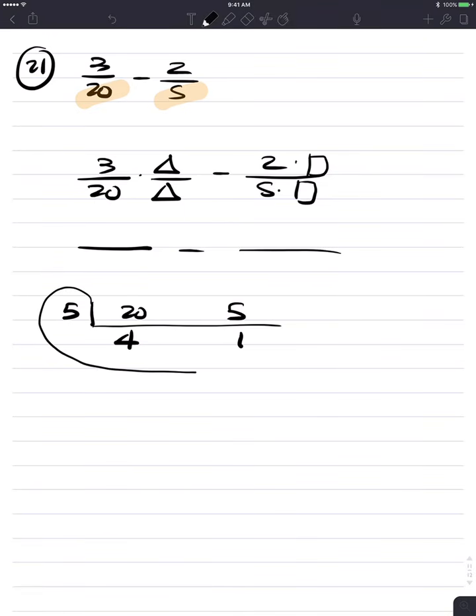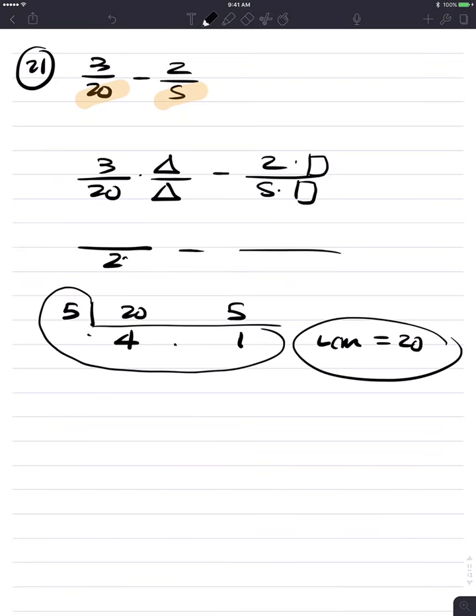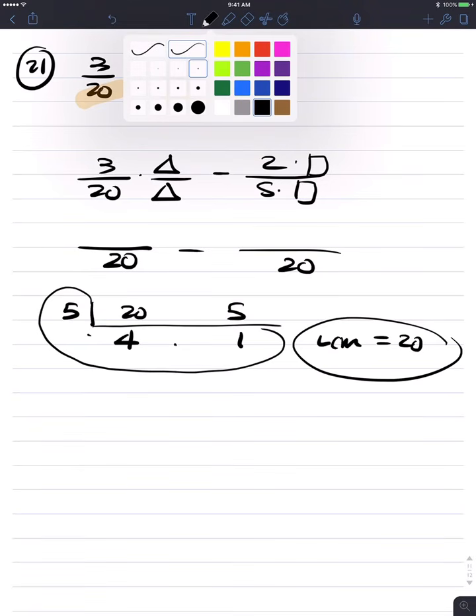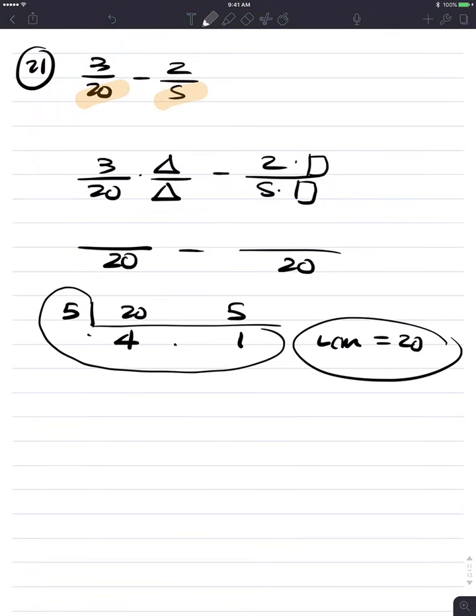What this means is if I multiply these numbers, 5 times 4 times 1, I find my LCM to be 20. 20 goes down here and here. 20 times what number gives us 20? 1 and 1. 5 times what number gives us 20? 4 and 4.